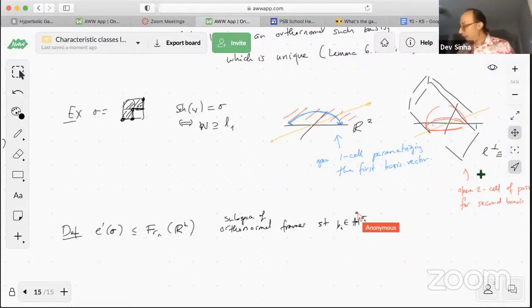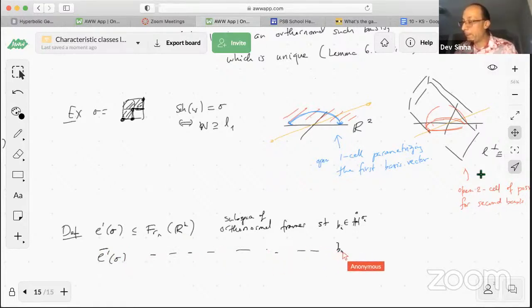Okay, and then E prime sigma, that's sitting up in the frames, not the Grassmannian. The frame sits over the Grassmannian because I can take the span of a frame, and if I close it up, then all I'm caring about is that bi is in H sigma i.